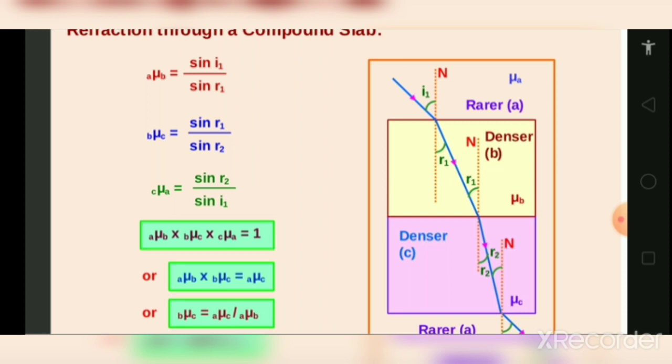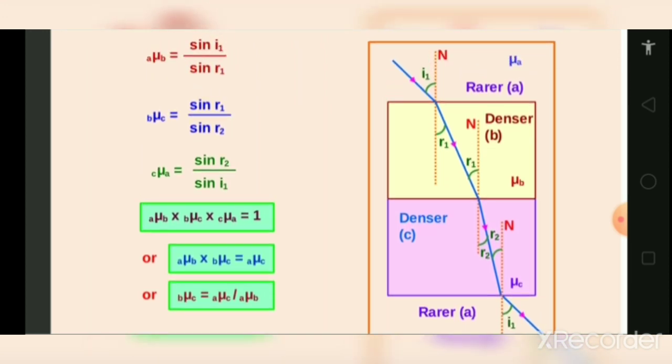It can be in two or more different media. Here the role is of the depth: the real depth of the object and the virtual depth will be different with respect to the observer.